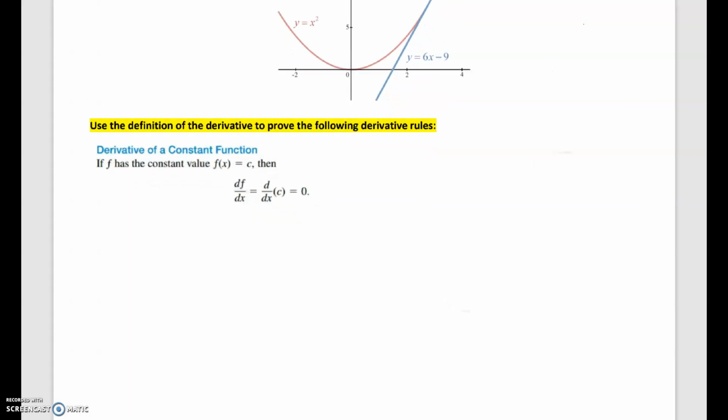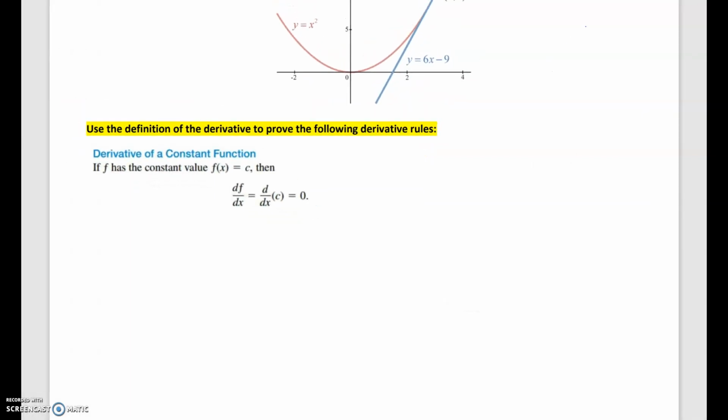For the first one, it's just a constant, and what we're proving here is that the derivative of any constant is technically zero. So I'm going to let f of x equal c, where c is any real number.